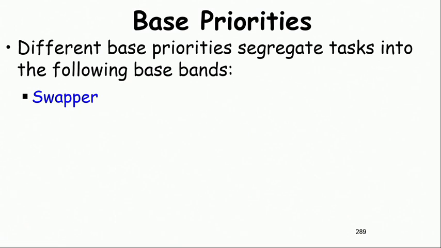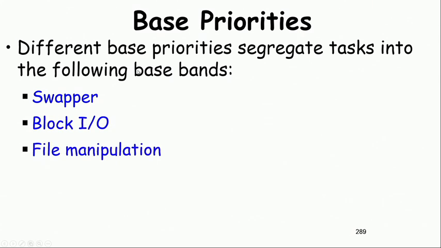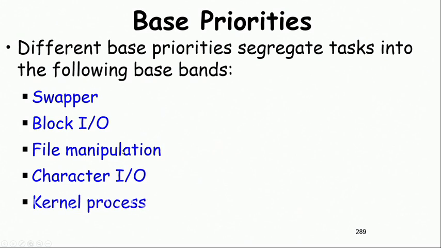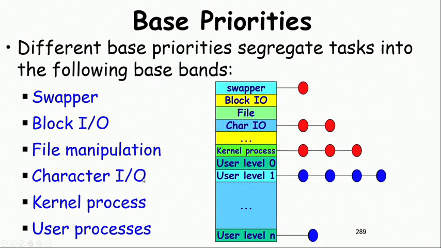Before we answer that, let us look at another thing, the base priorities. The entire priority band is split into different priority bands: swapper, block IO, file manipulation, character IO, kernel process, and the lowest are the user processes. The user processes cannot migrate to other priority levels, and also a task at a certain priority level cannot cross its band.